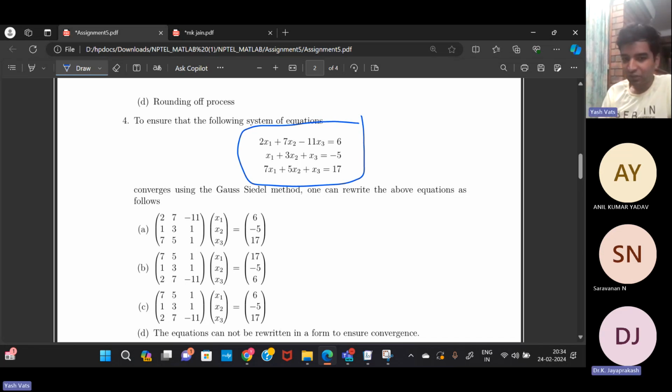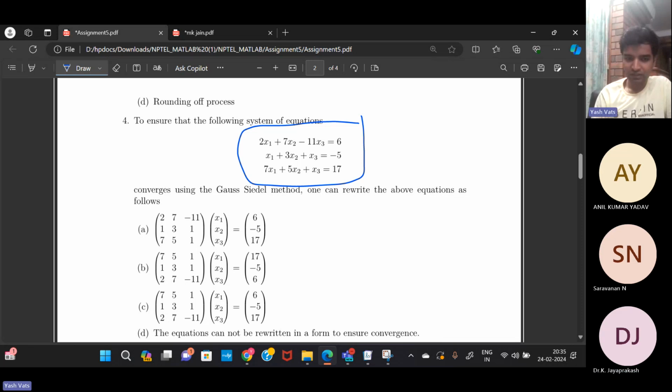To make that diagonally dominant, right? And which option follows the diagonal dominance? Yes, that's what you are saying, that we can interchange the equations.